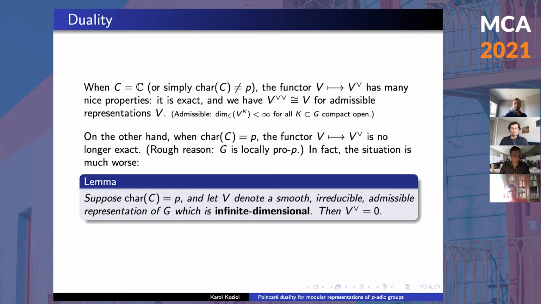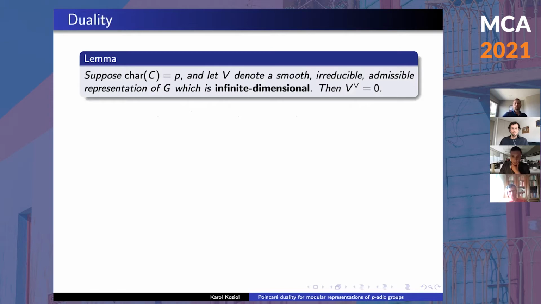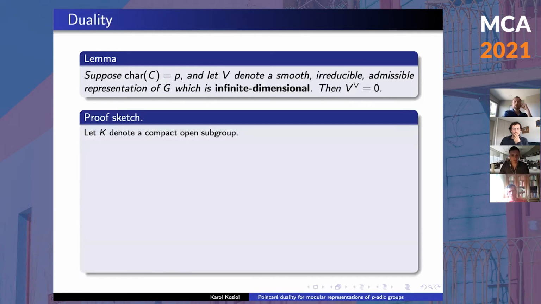What I'd like to do is give a sketch of the proof, just to indicate where this characteristic P assumption is coming in. If you don't care about the proof, you can just turn off your brain for a sec.